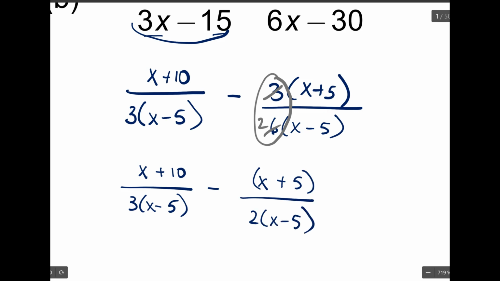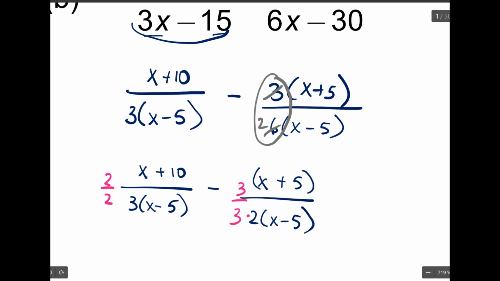Okay, so I need to be subtracting these, but before I can do that, I need to make sure they have a common denominator. How can I make this have a common denominator? By multiplying 2 and 3 to 6. So I multiply the left side by 2 over 2 and the right side by 3 over 3.